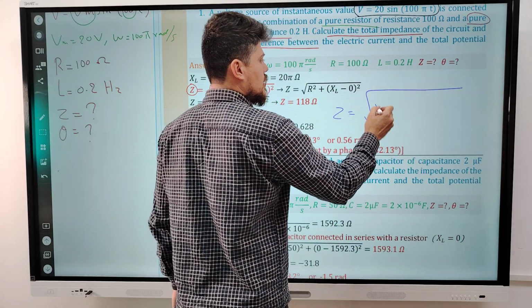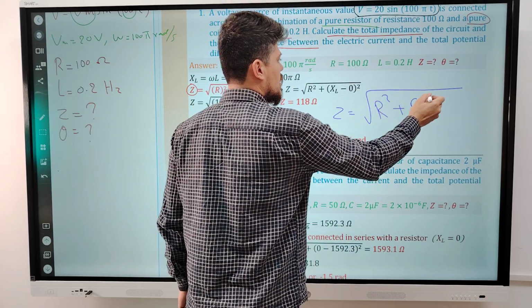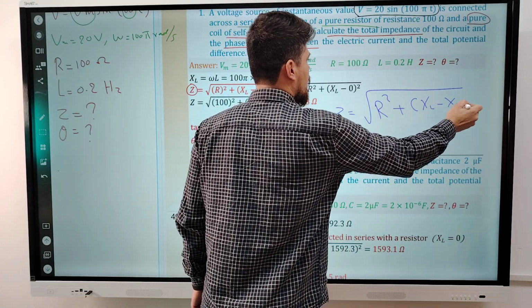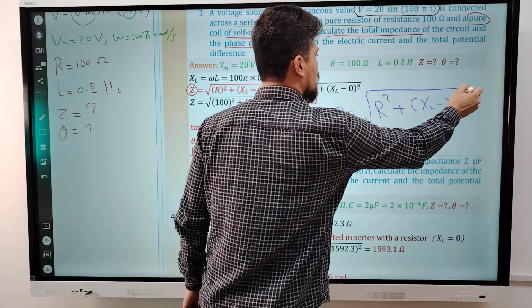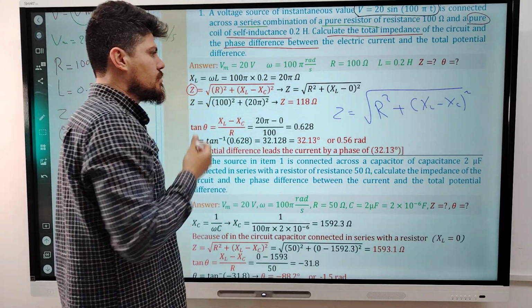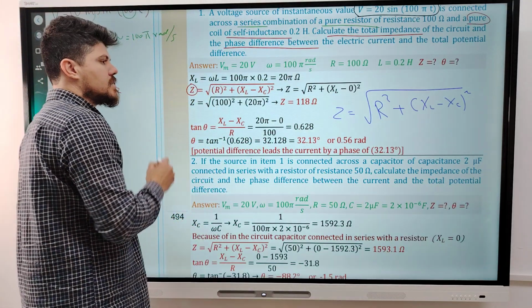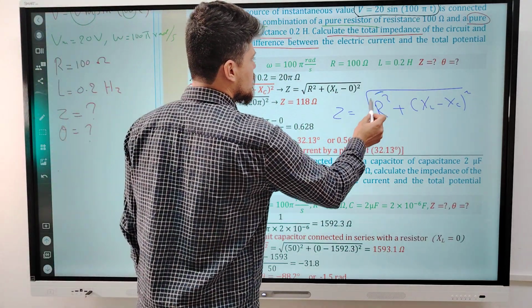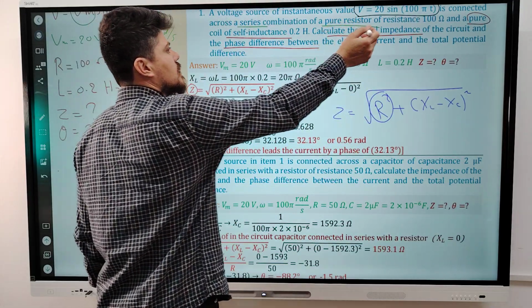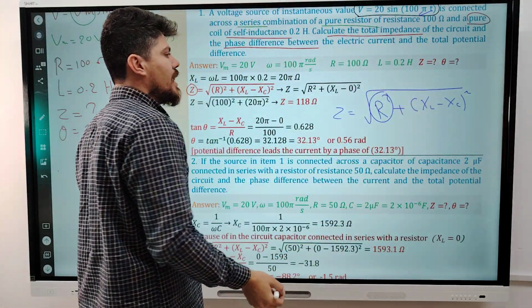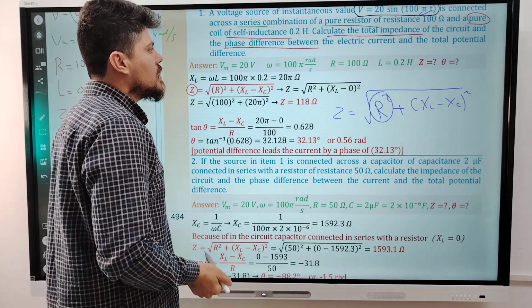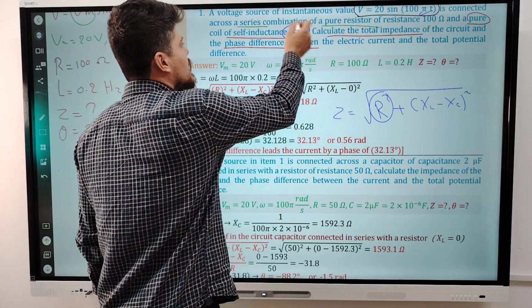To find Z, by using the Pythagorean theorem, Z is equal to the square root of R squared plus XL minus XC squared. Okay? So by using this equation, you can find Z. But do we have resistance? Yes, it was given, 100 ohm. Do we have XL? No, but we have inductance.